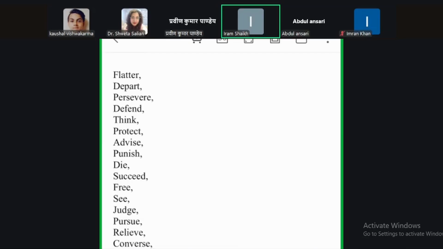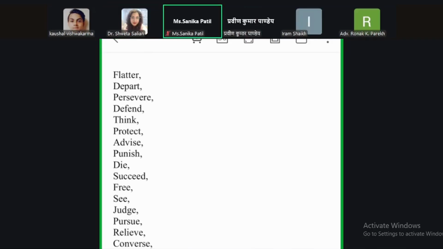Perseverance. Defend, defense. Then think, thinking, thought. Protect, protection. Protective becomes an adjective. Then advise, advice.